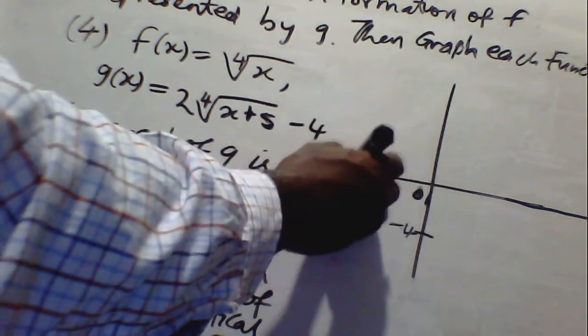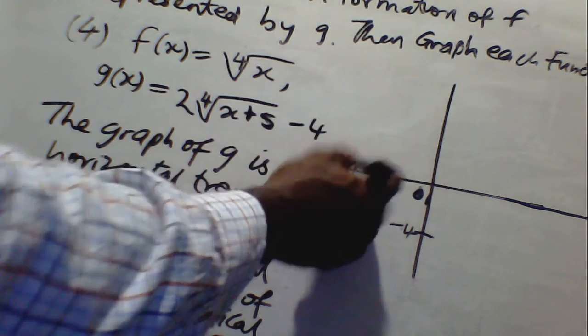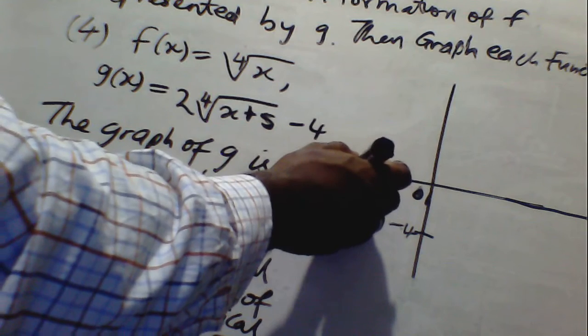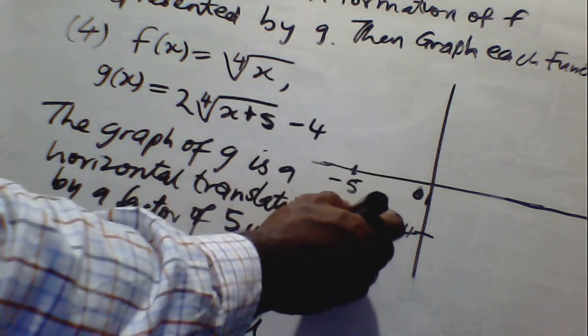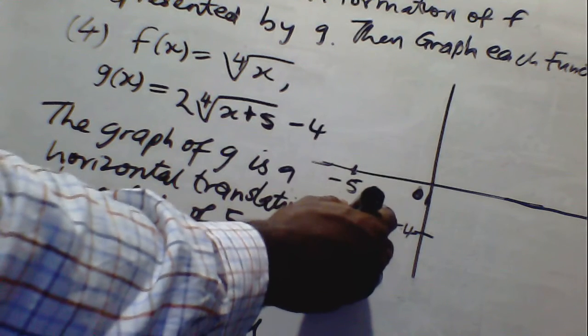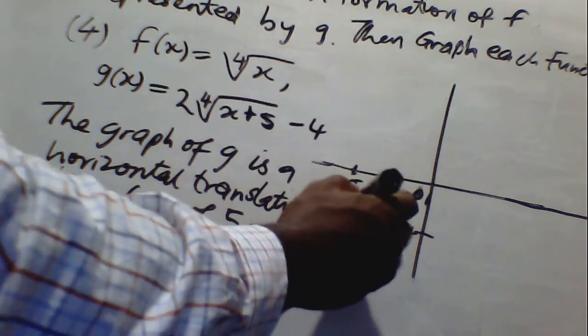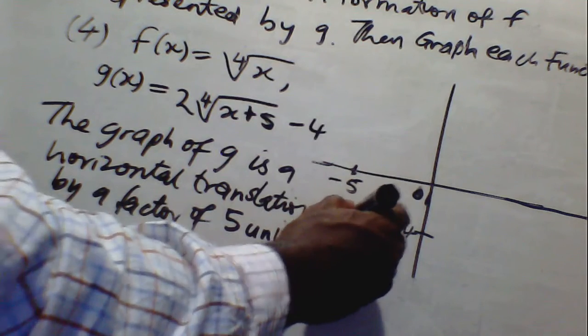You move 5 units from the origin, and observe the other 4 units down, you move to the 4, and the stretch will not affect it. So from here you now draw, you plot it.